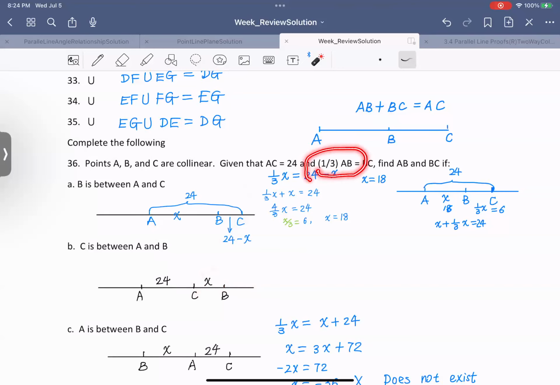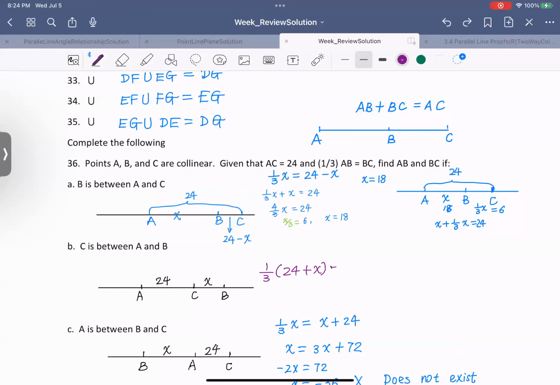1/3 of AB. Now, how much is AB, Timothy? If this is 24 and this is X, how much is AB? AB will be 24 plus X, correct? So 1/3 of AB is 1/3 of 24 plus X, correct? BC, how much is BC?